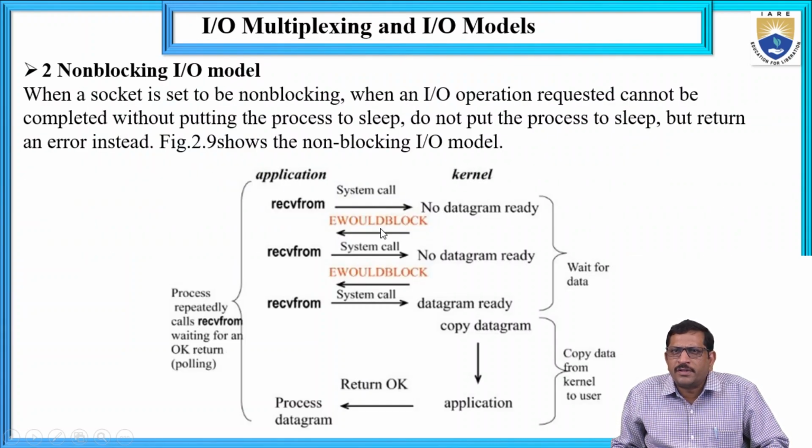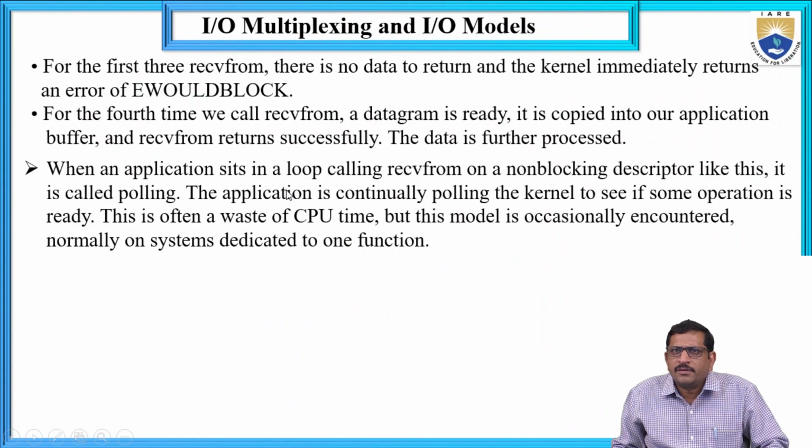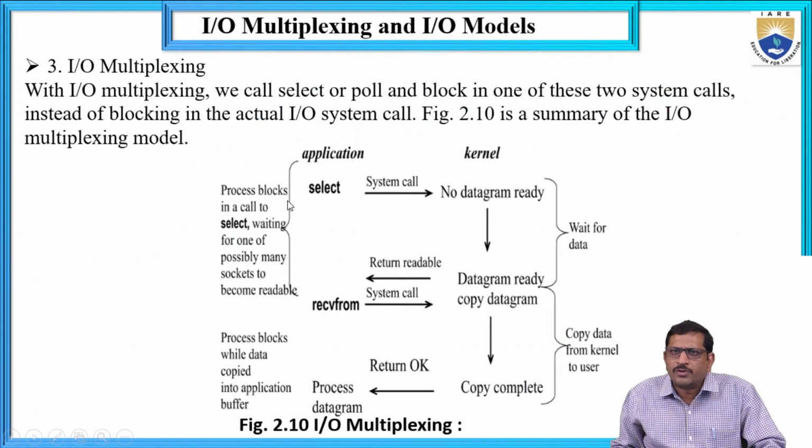That means the first three calls get EWOULDBLOCK. For the fourth time we call recvfrom, a datagram is ready. It is copied into our application buffer and recvfrom returns successfully. The data is further processed.